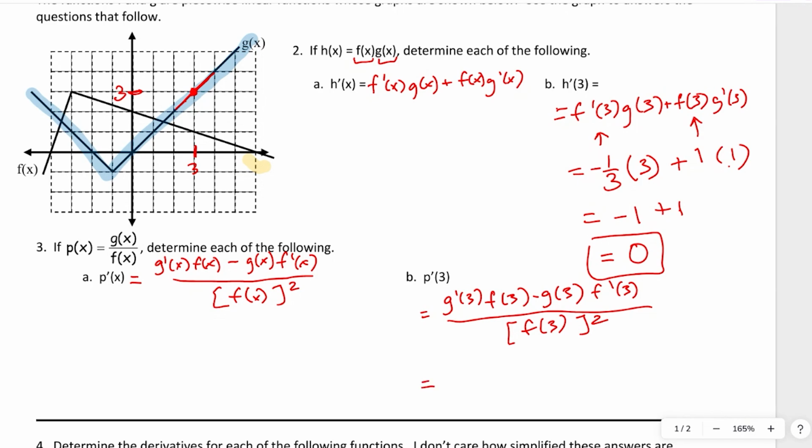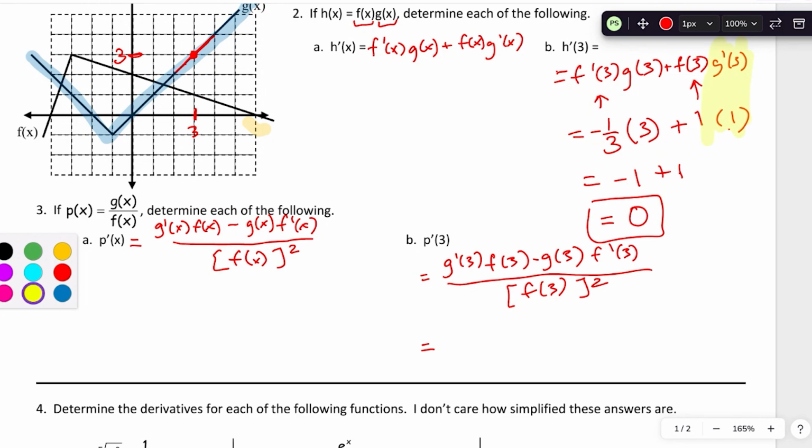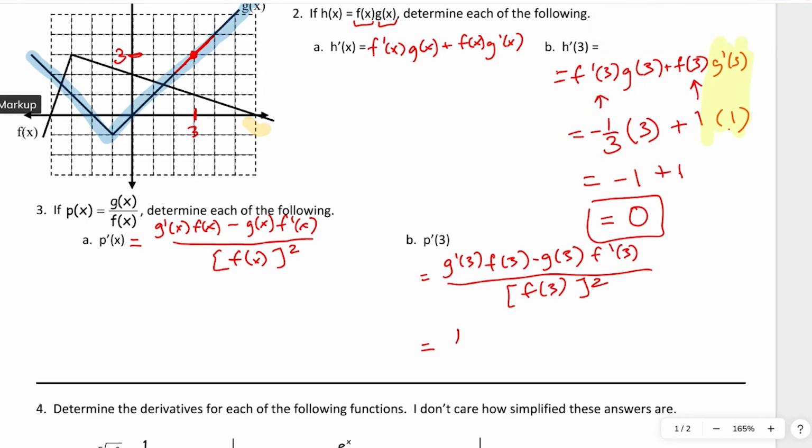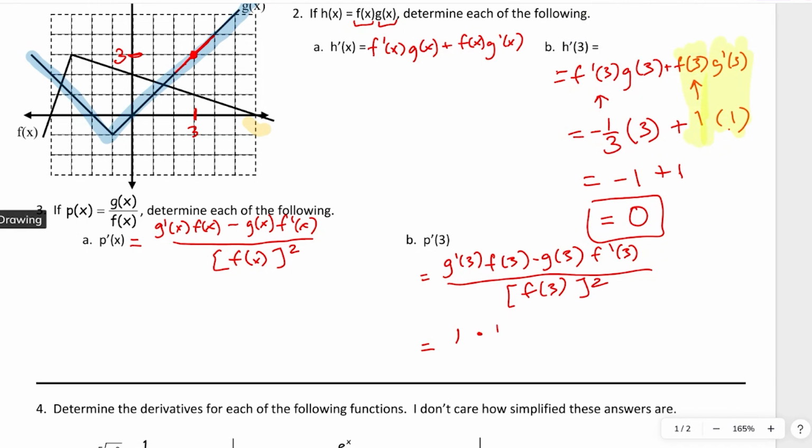All right, I'm going to run out of room here, aren't I? So g prime of 3, just going to highlight where we already calculated that, was 1. F of 3 was also 1. Real nice numbers here.